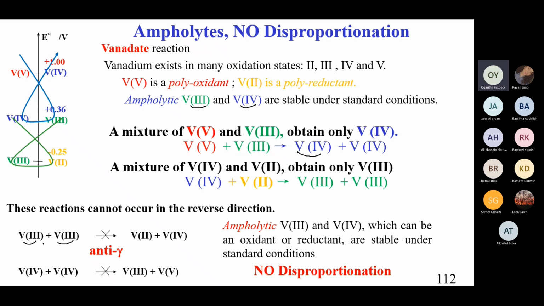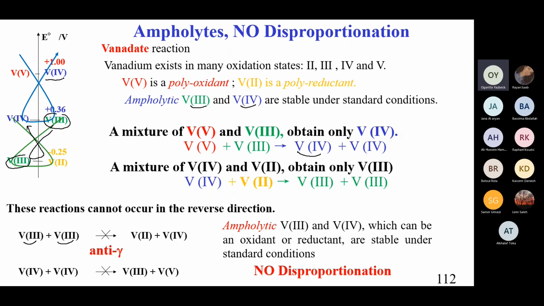That's the idea of stability. Well, let's take vanadium 3 and vanadium 3. What happens? It's in the anti-gamma direction. And therefore, the reaction is not spontaneous. And therefore, vanadium 3 is considered stable.